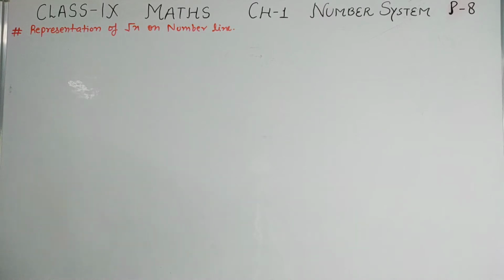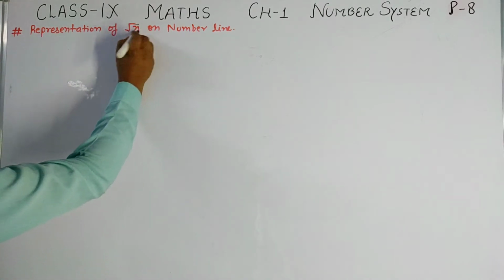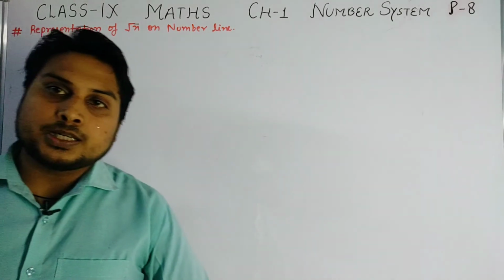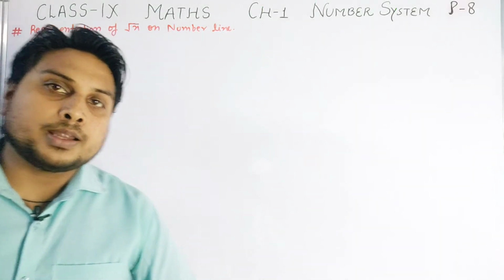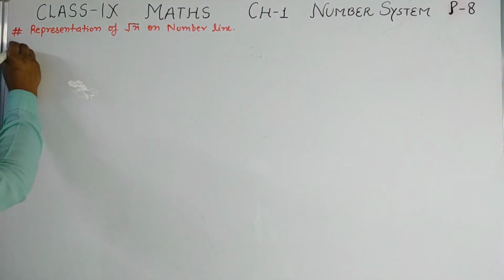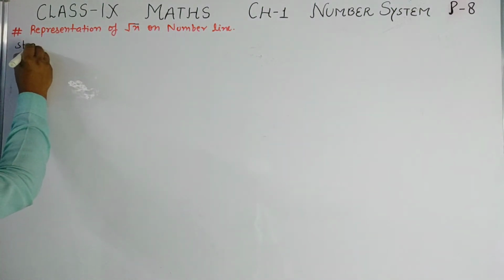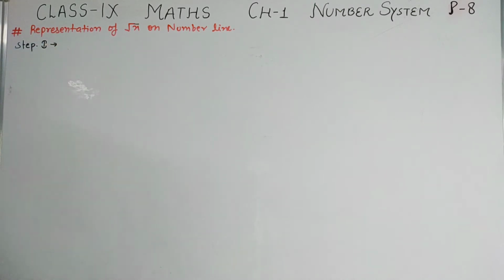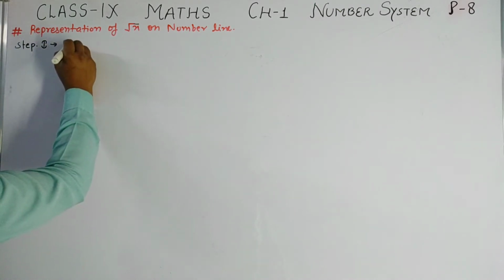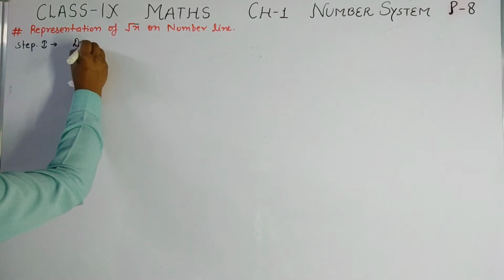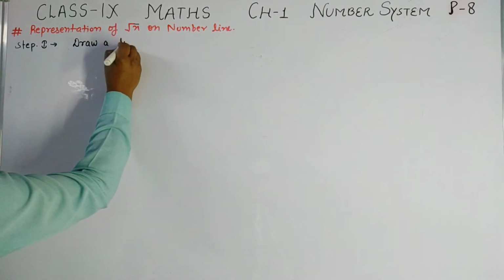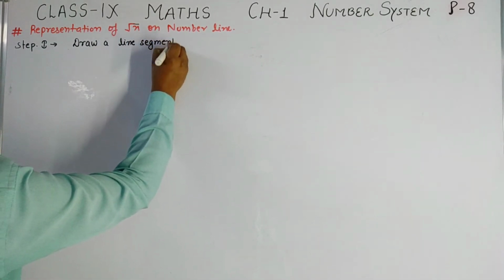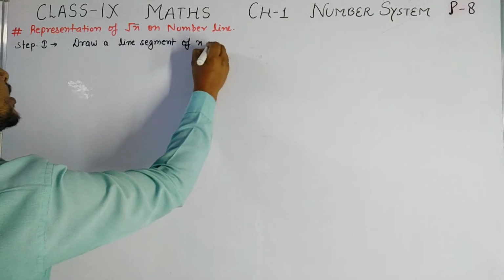Let us see. For this type of question, in general I have written: represent under root x on number line. How will we do it? We will do the question stepwise. In step one, firstly we will draw a line segment of x unit.